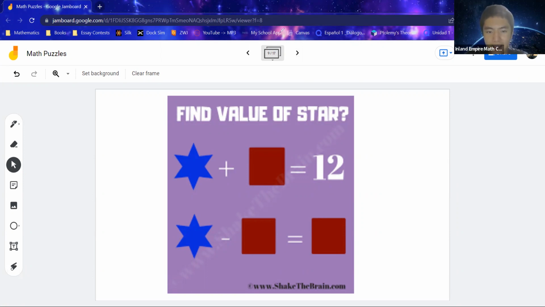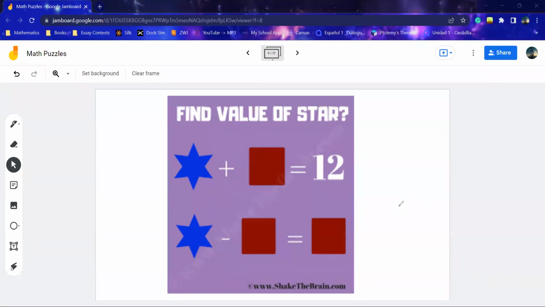What do you guys think the 2 shapes would be? Joyce, you wanna try? So if the bottom one's right, then what? So the square plus the square equals the blue thing.